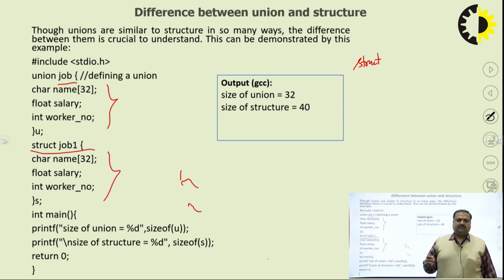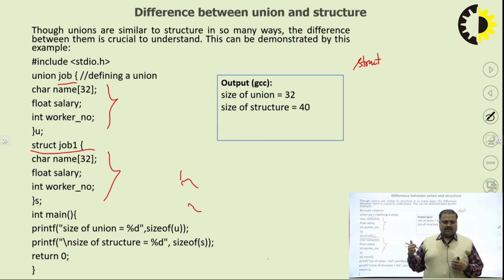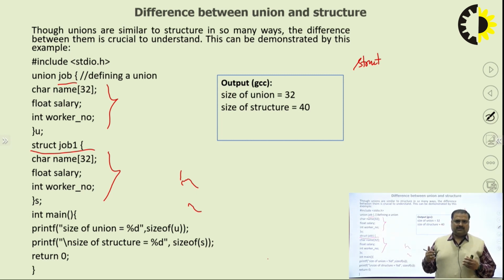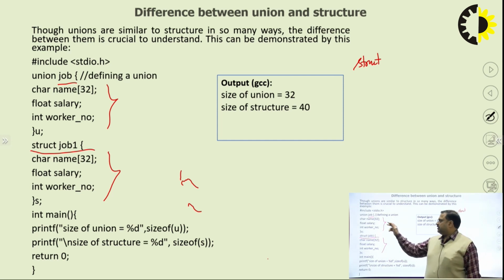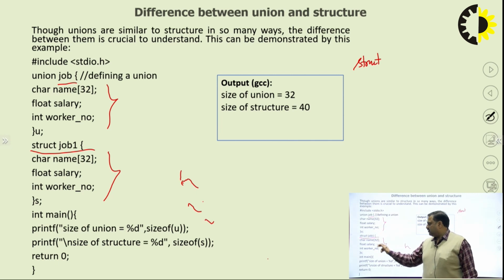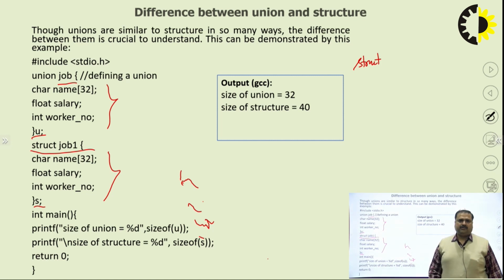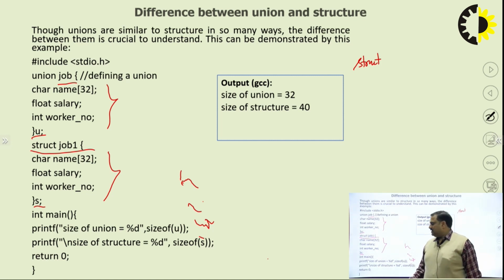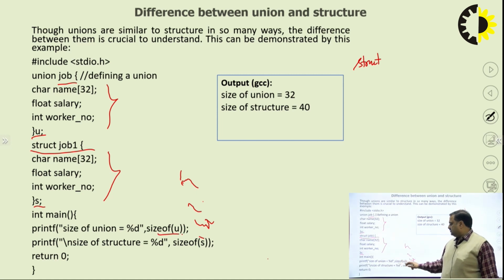Some compilers have 2-byte integers. I am talking about the compiler where I created this program, and that compiler required 4 bytes for an integer. So here, we have created a structure variable s and a union variable u, and we want to print the size of u and the size of s.